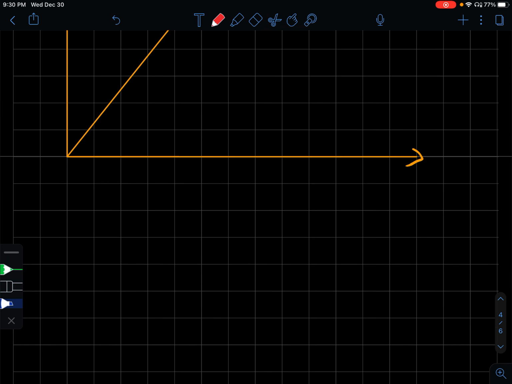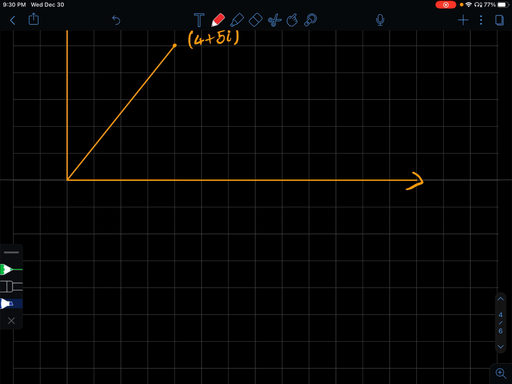Well, let's see. 4 plus 5i means you go right 4 here. Is that right? So this length is 4. And you go up 5, which means this length is 5. Then, from here you can see it's a straightforward application of the Pythagorean theorem.